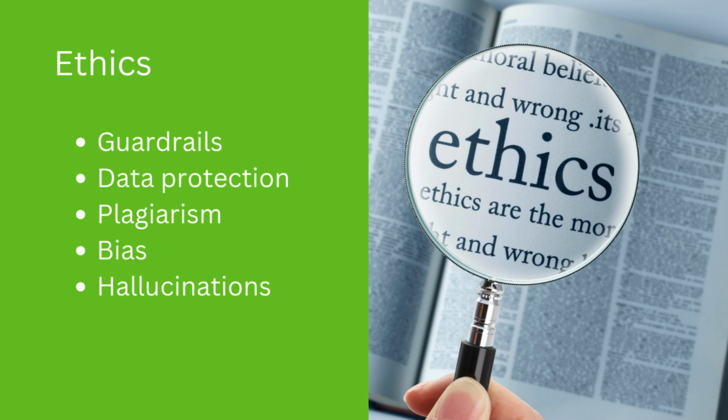We know that plagiarism is not necessarily a new issue in our environment, but it is becoming more complex for two reasons. The first is that it's hard to detect when a piece of work has been generated by AI, to actually detect whether it's been plagiarized. The second is that there is an increasing fuzziness around what we mean by plagiarism. Is it okay, for example, for students to use AI to help them with their grammar and spelling? At what point do we draw the line? Is it okay for them to use it for their research?